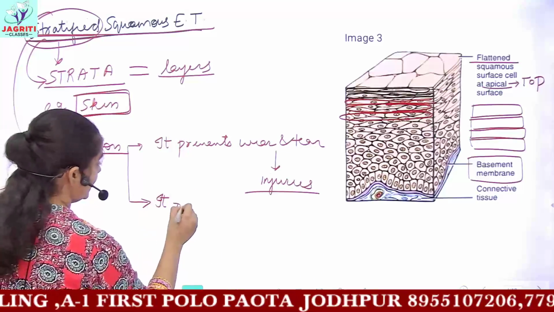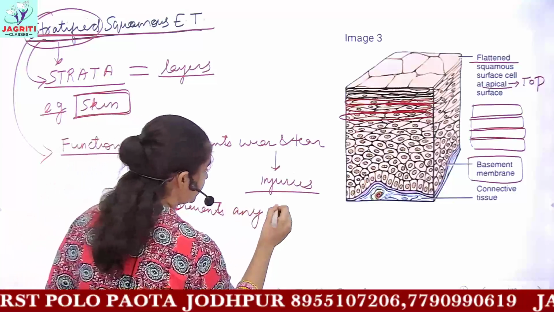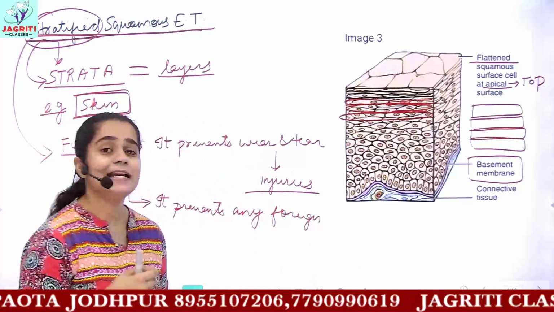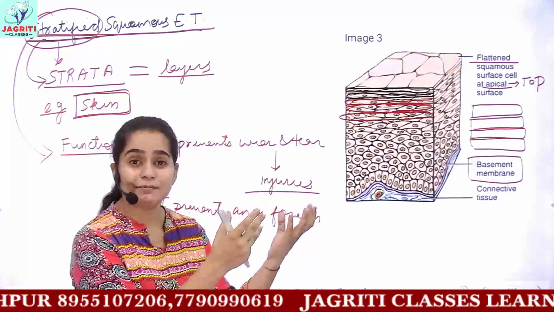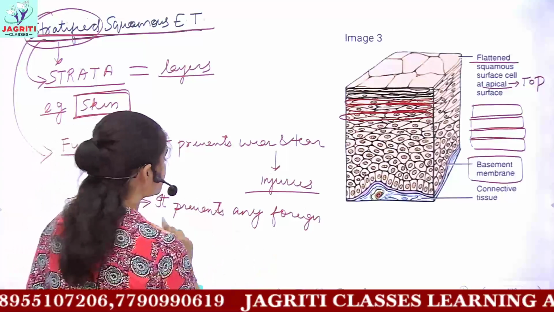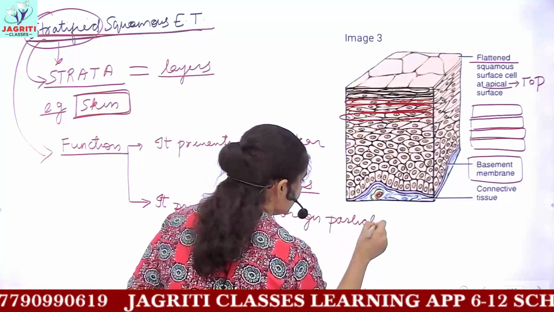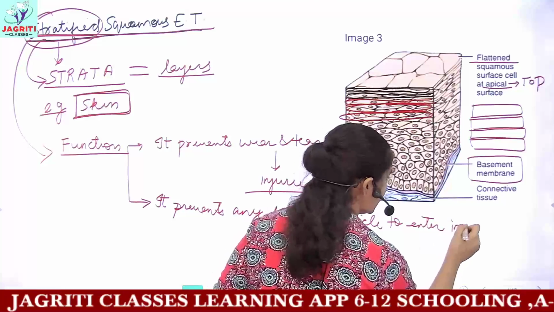So it prevents any foreign, meaning external, particle, either it may be any pollutant or it may be any microbe, pathogen, bacteria. It does not allow any foreign particle to enter inside our body.